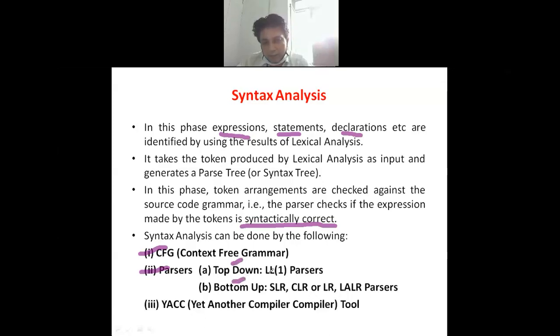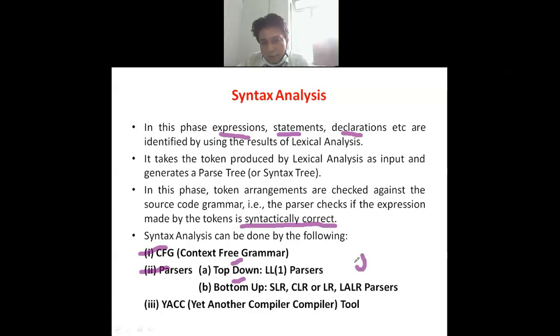In top down parsers we have LL1 parsers and its family, and in bottom up parsers we have basically three types: SLR simple parsers, then canonical LR parsers, and the lookahead LR parsers. We are going to study this in detail in unit 2.